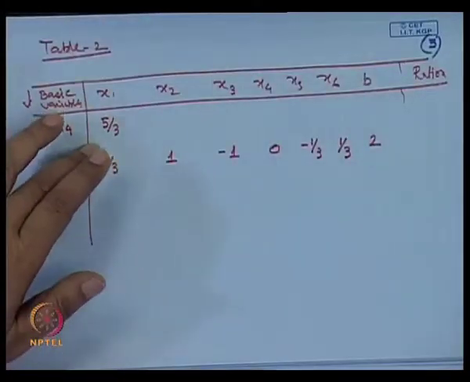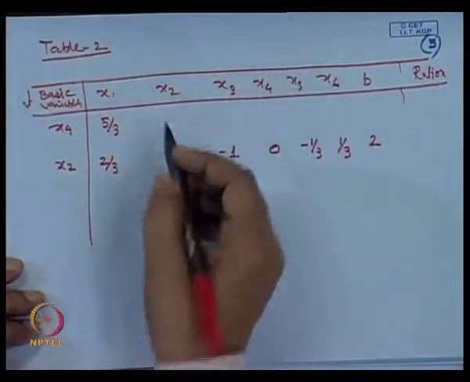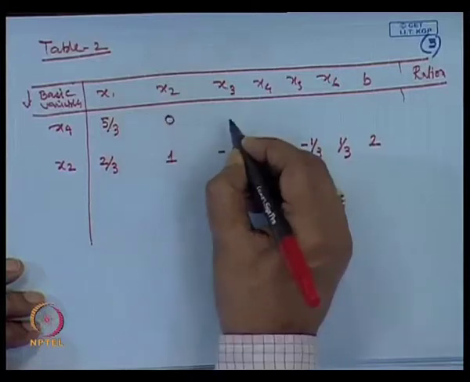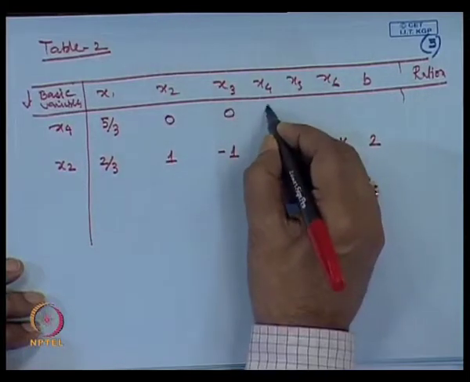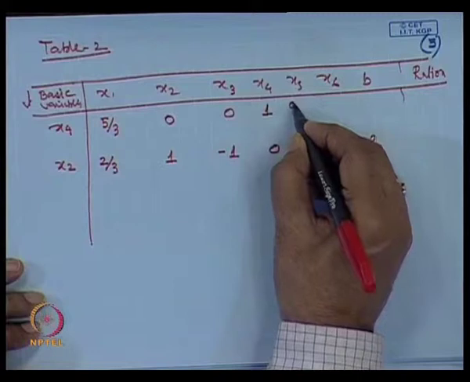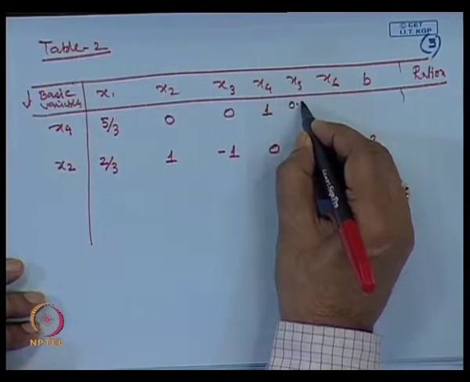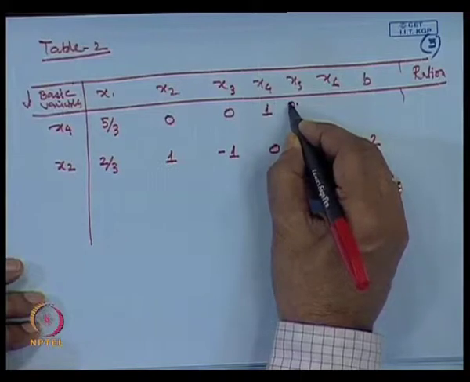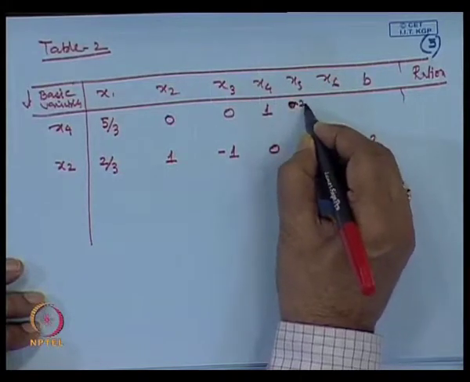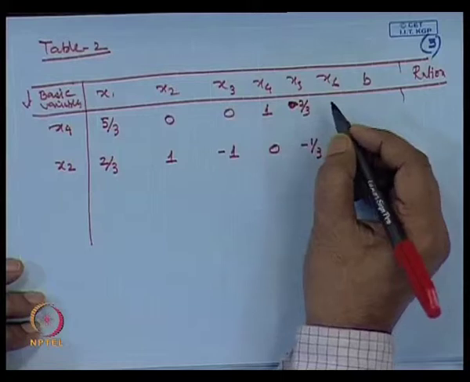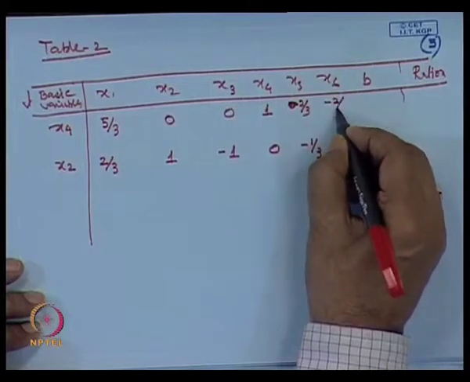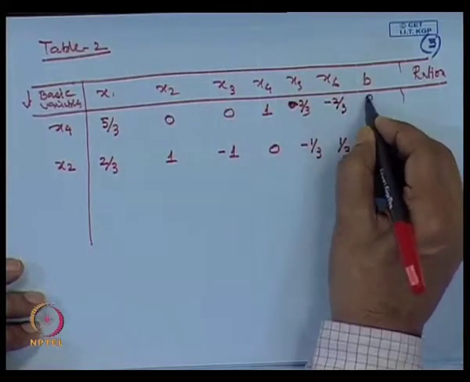So this is 5 by 3. Similarly, you have to do all these things. So 0, 0, 1, this will be 2 by 3, this is 2 by 3, this is minus 2 by 3, then this is 8.